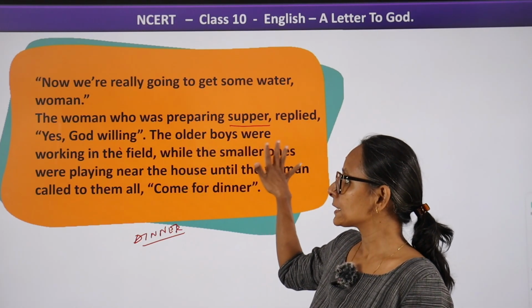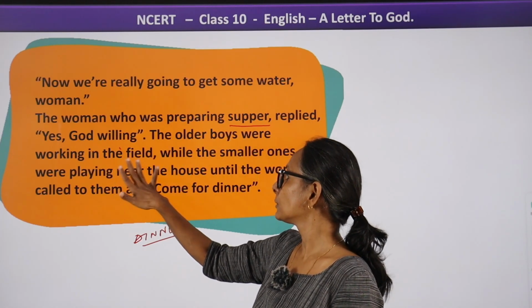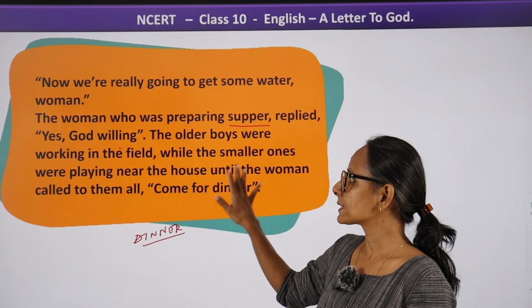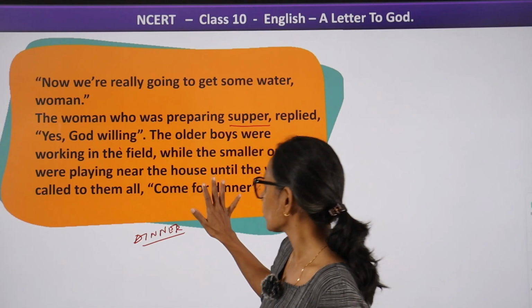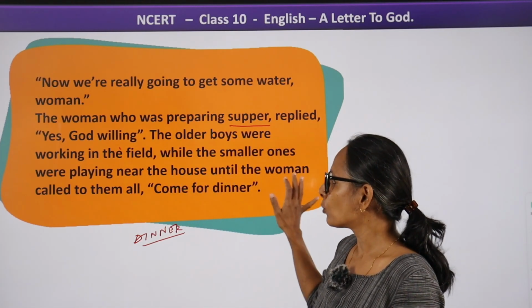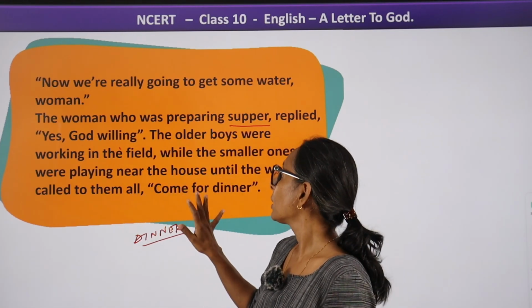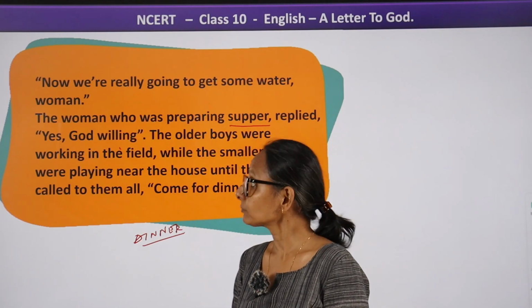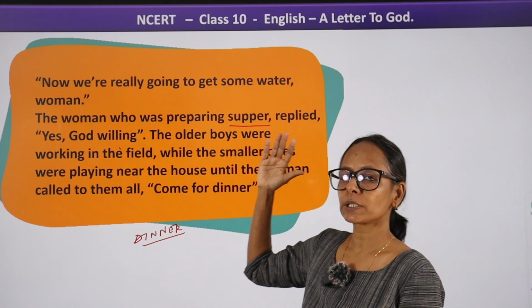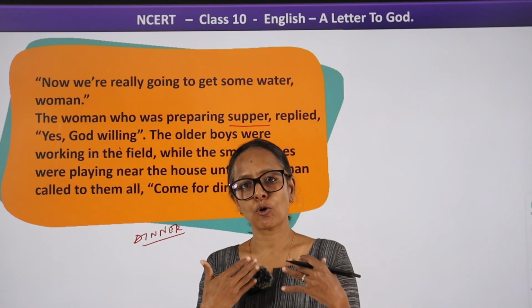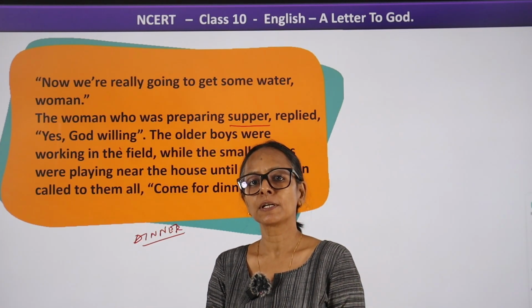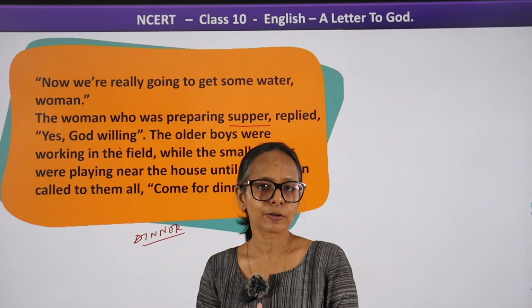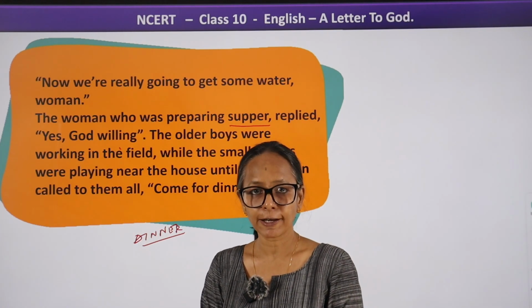The older boys were working in the field while the smaller ones were playing near the house until the woman called to them all, come for dinner. So what's happening here? The older boys were working in the field. Like we saw in the previous two paragraphs, there is a huge cornfield in which Lencho is working, right?